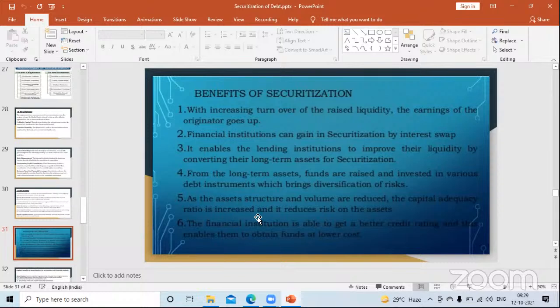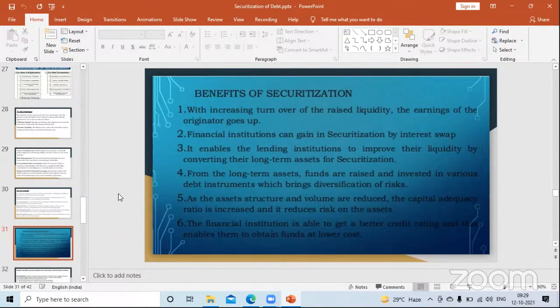Okay. Next, the financial institution is able to get better credit ratings. Why? Because the liability is gradually decreasing and capital is increasing. And therefore the goodwill is increasing, and credit rating companies will give you better ratings.